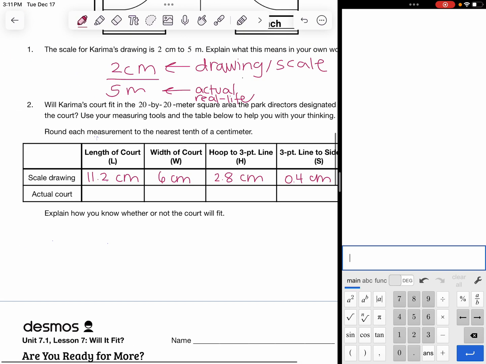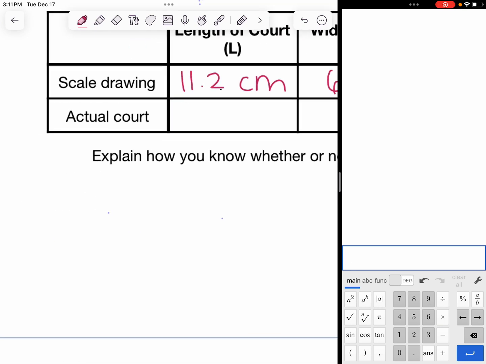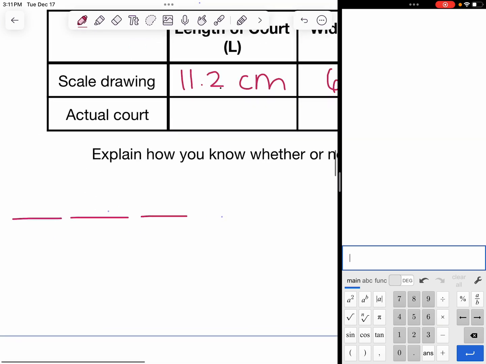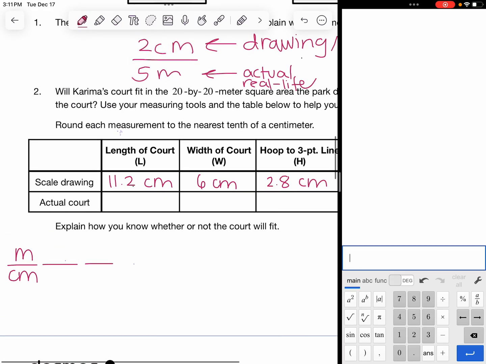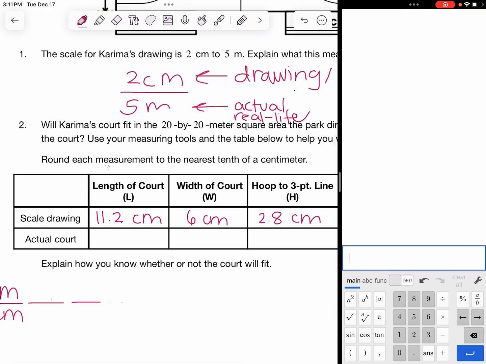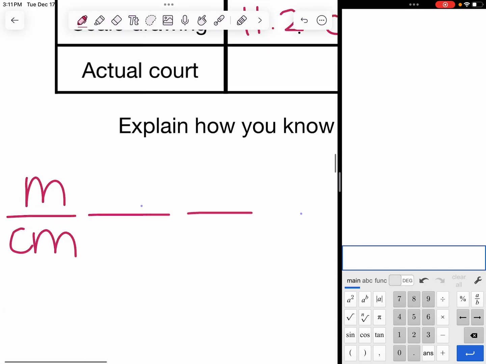Now we need to figure out how big it is in our actual court. To do this, we set up our butterfly. We are talking about meters and centimeters. Our scale was 2 centimeters to 5 meters, so 2 centimeters goes on the bottom and 5 meters on top.